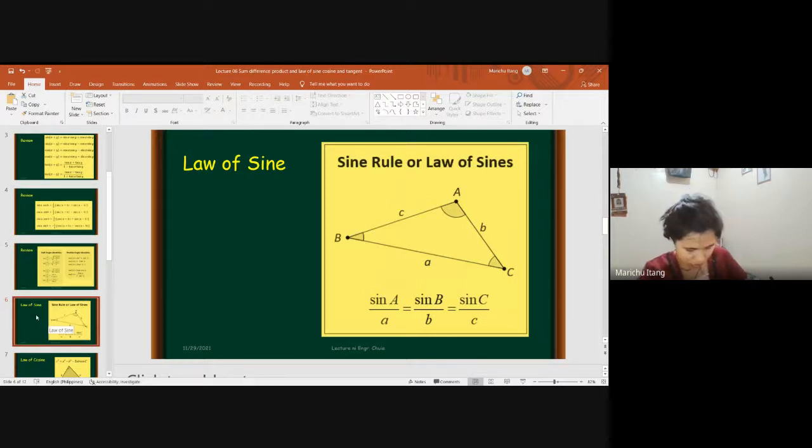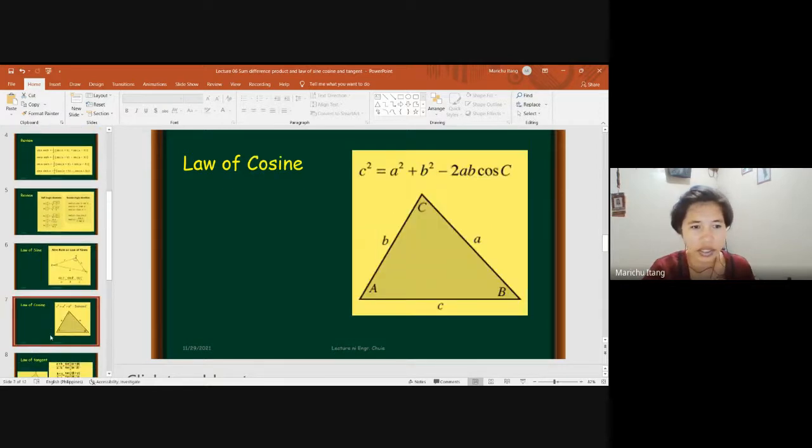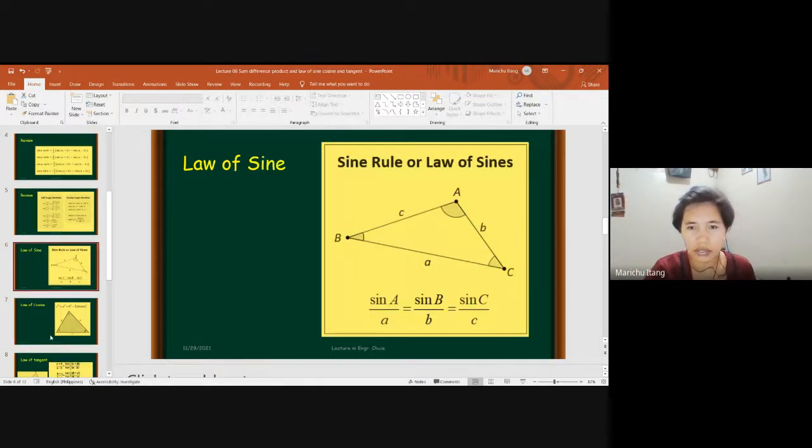This is the topic we focus on in this meeting, and last time we covered the law of cosine and the law of sine. For the sine rule, we have sine A over small a, where capital A is the included angle opposite to side a.